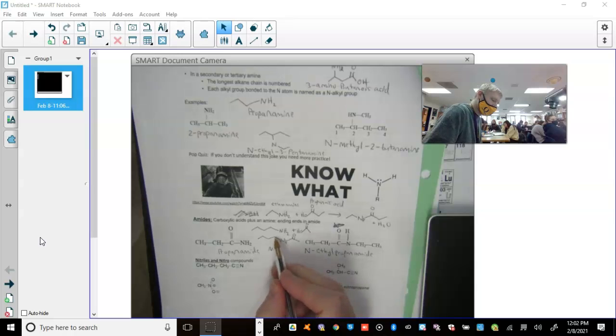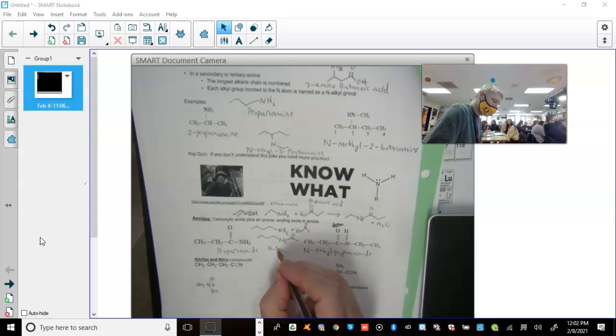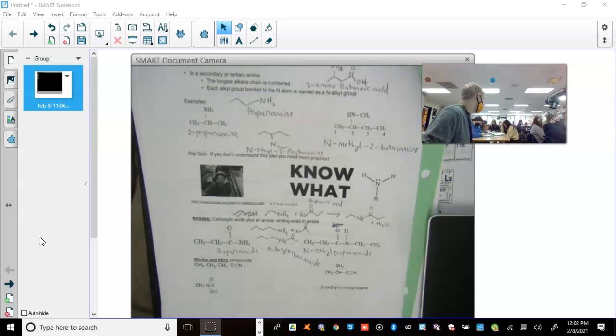Just happens to be we got this long alkyl chain coming off of it. So that's 1, 2, 3, 4, butyl, and then we got 1, 2. N-butyl, is that ethane? And then it's ethanamide. N-butyl ethanamide.